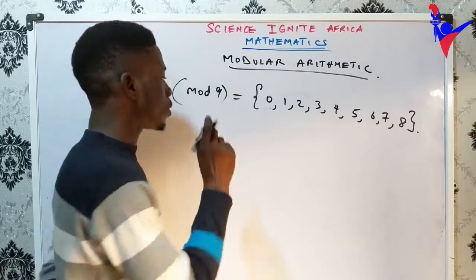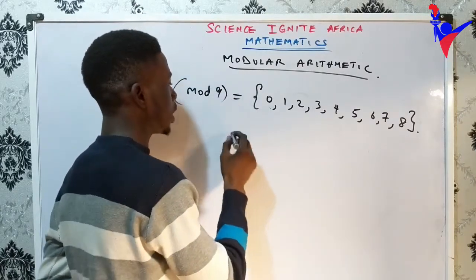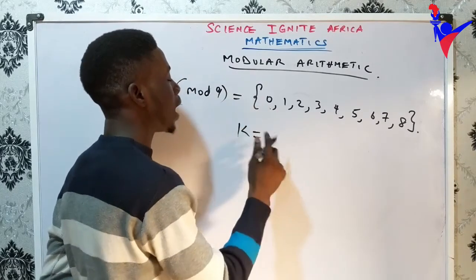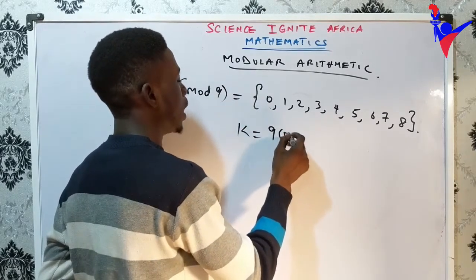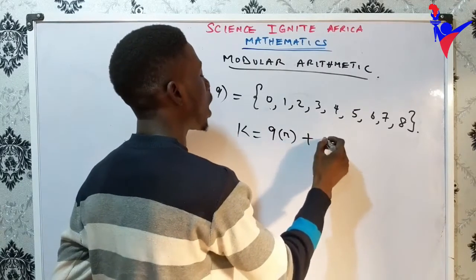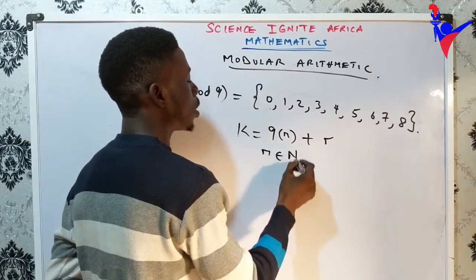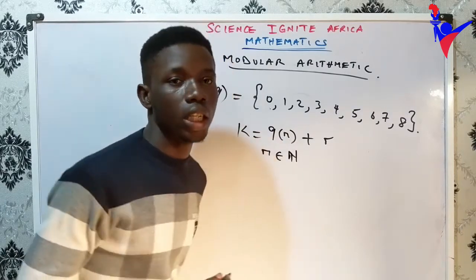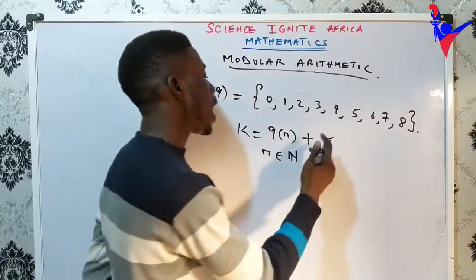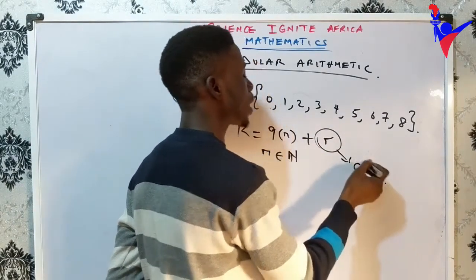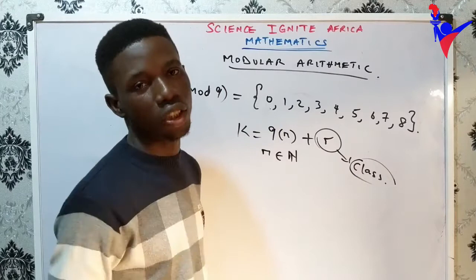For every value that you get, let's say k is the value, then you can always write k as 9 multiplied by n plus r. Now, n is a natural number, then r is the class that number will belong to. In fact, that remainder is your result.